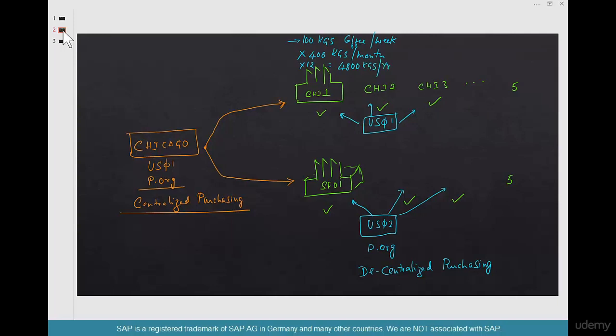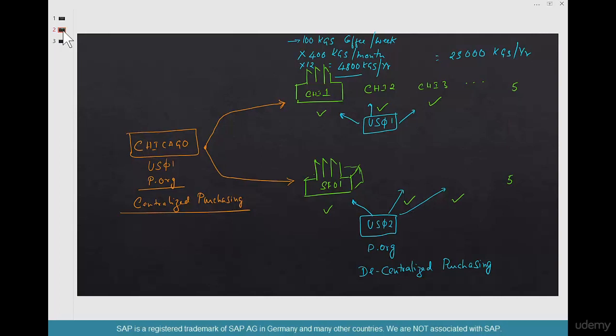Now, if I have 5 plants like that, I'm going to say it's going to be roughly around 25,000 kilos per year, right? That's not a small volume, but 4,800 might not be such a big volume, right?